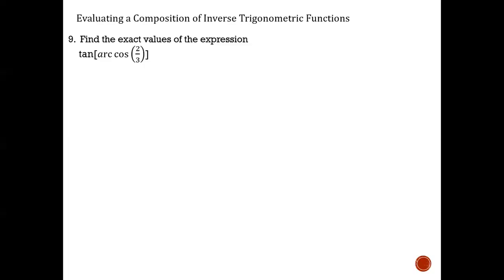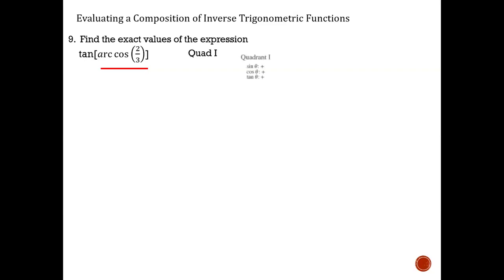Now, inside this has to be given an angle in order for me to get this value. But that's what that word is. The arc cosine of 2/3, that is getting the inverse to get an angle, right? So the first thing that we want to do is find out where this lies.